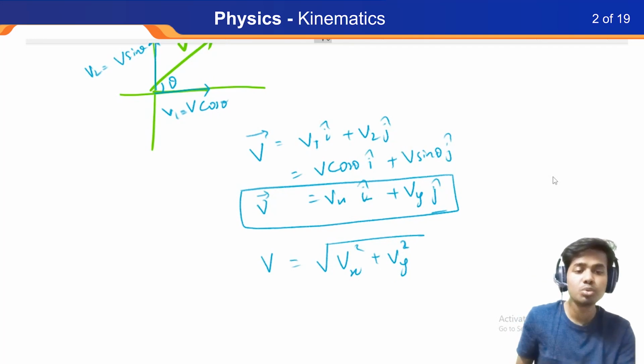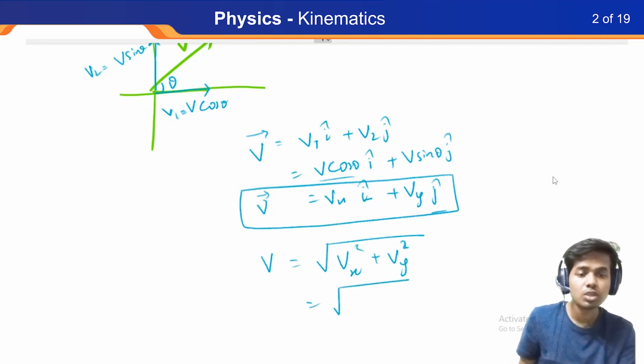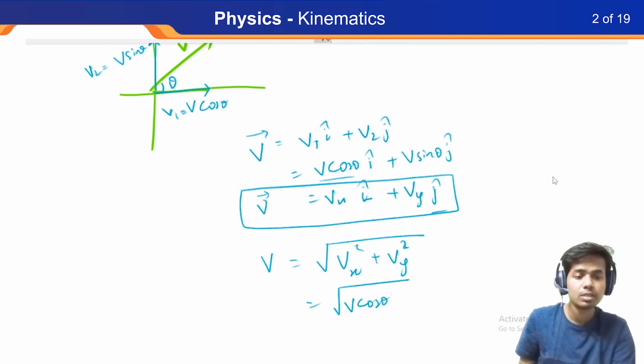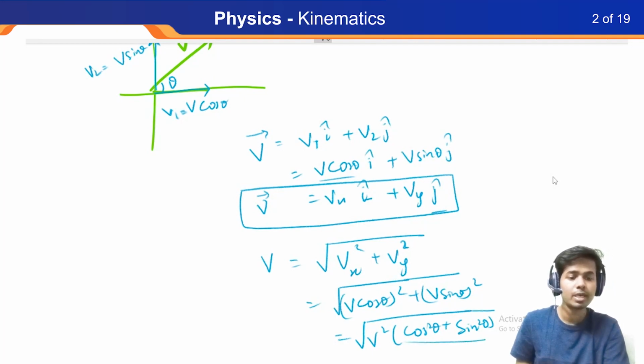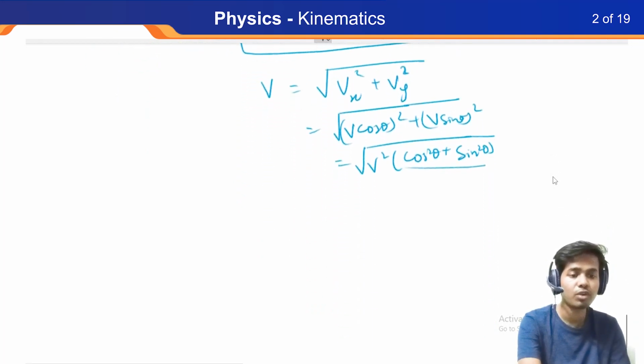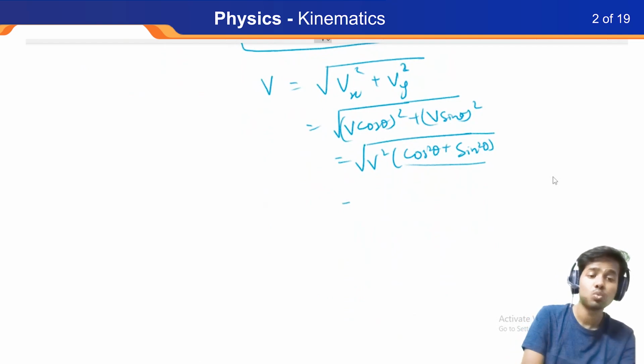It will actually come out to be the same, because vx is nothing but v cos theta. So v cos theta whole squared plus v sin theta whole squared, which is equal to v square taken common times cos square theta plus sin square theta. From basic trigonometry, you must know that cos square theta plus sin square theta for any given theta is always 1.